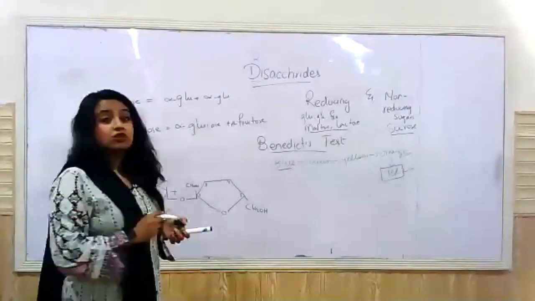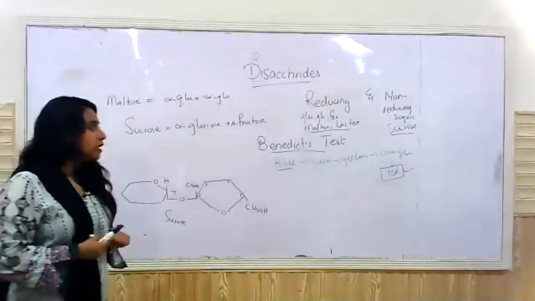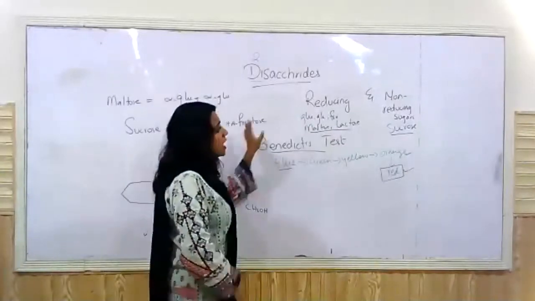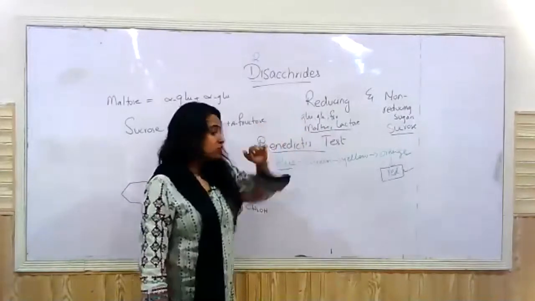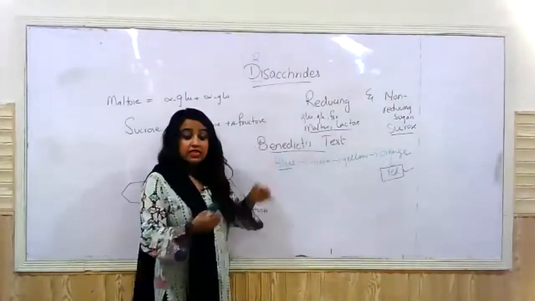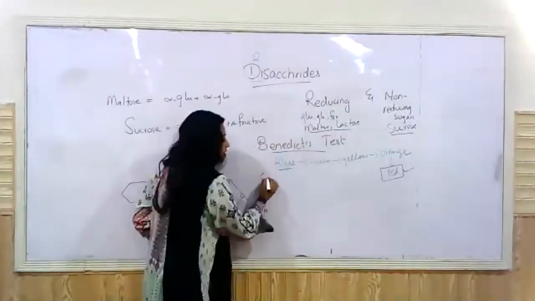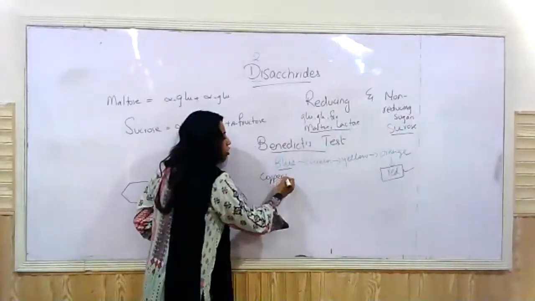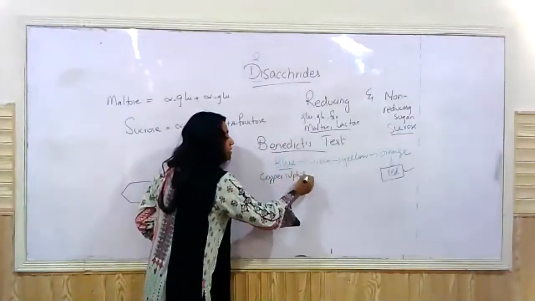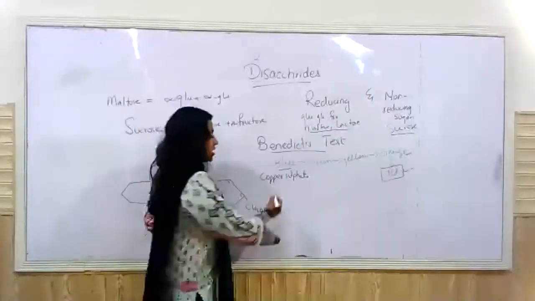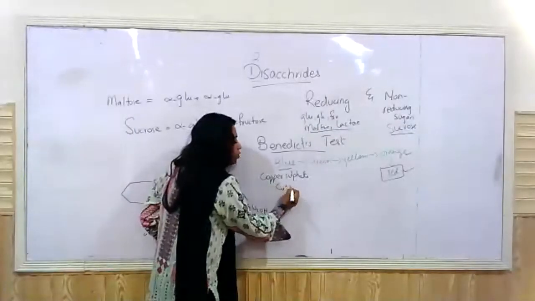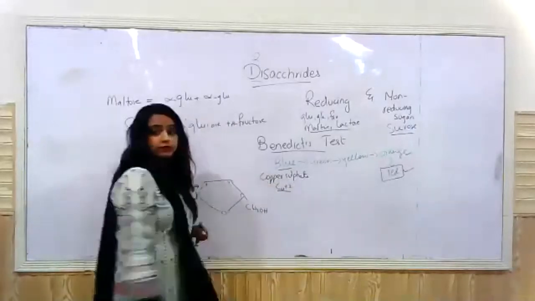Now you need to know the chemistry behind it. What is actually happening? The Benedict's solution, which is blue in color, contains copper sulfate. Copper sulfate makes it blue in color. Now, copper sulfate has copper ions with valency +2.